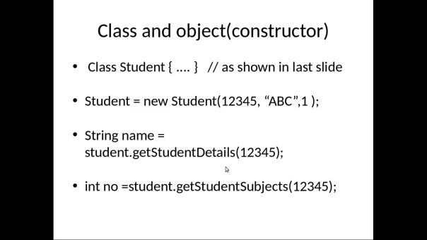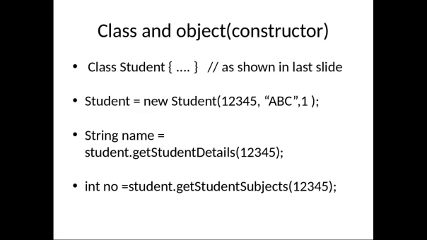Similarly we can get the subject number. We will declare an integer, int no equals the object reference name student dot the method get student subject, and the roll number will be passed. So here the subject id will be 1, that will be returned, and that will be assigned to number.